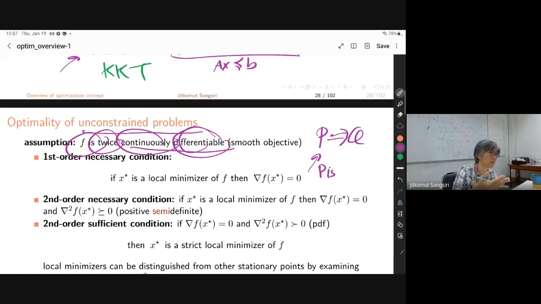There are two types of conditions, necessary and sufficient. If the statement P then Q is true, we say P is sufficient for Q to happen.